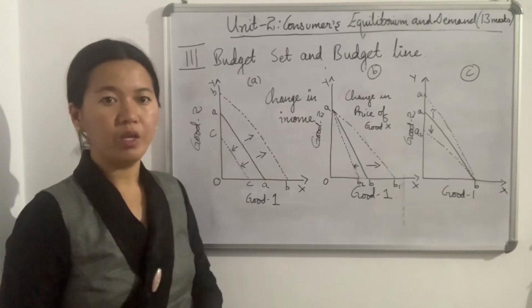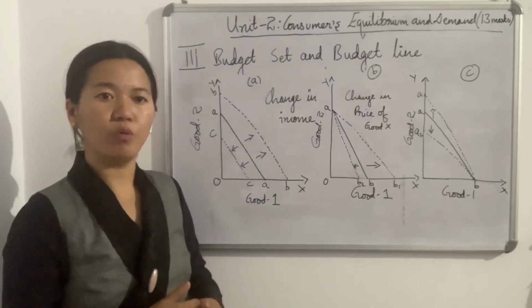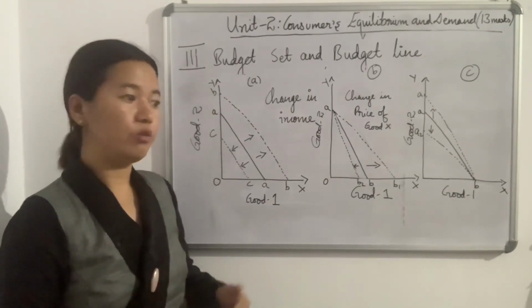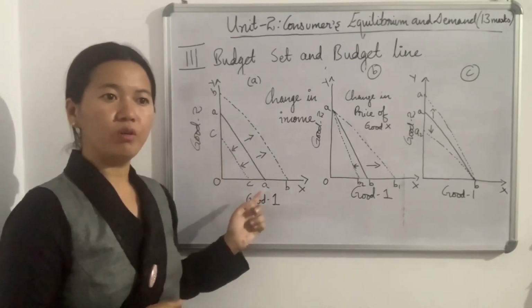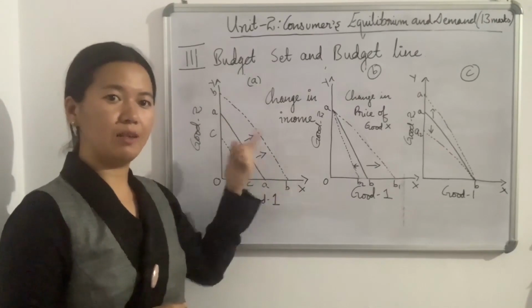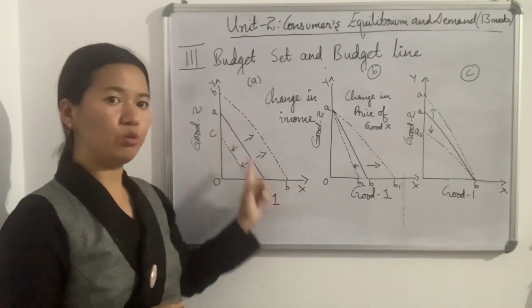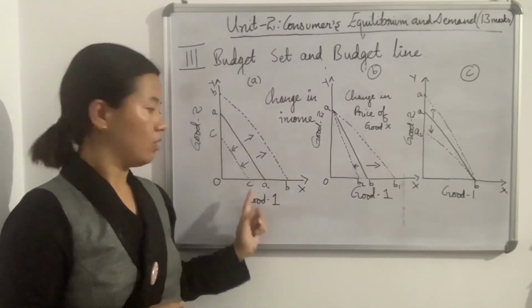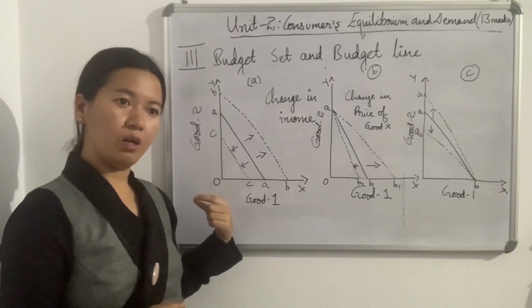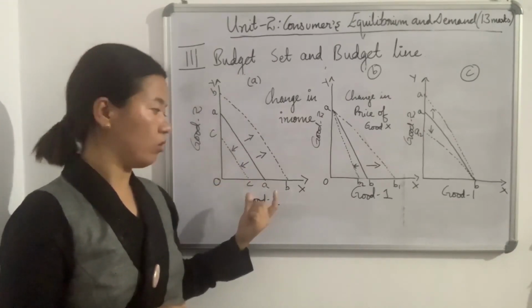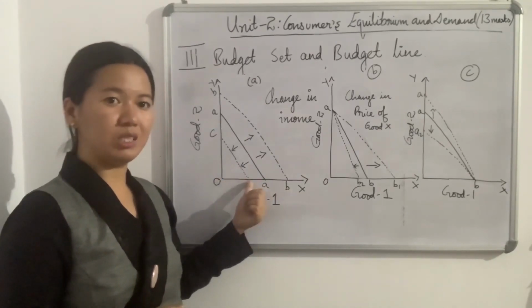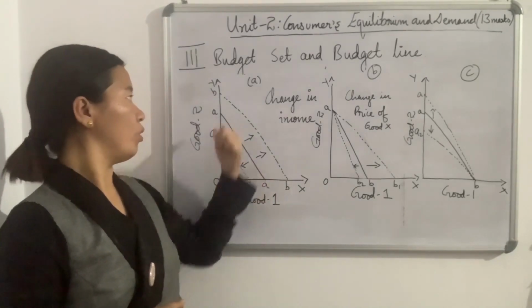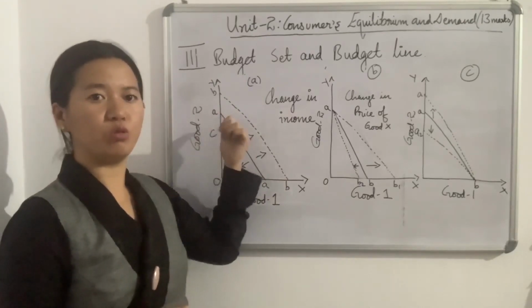In the same way, when you have less income or when your income falls, then you will be able to purchase less of both the goods. Therefore, your budget line will shift towards left from AA to CC. That is, your expenditure on good X will reduce from OA to OC, as well as OA to OC of good 2.